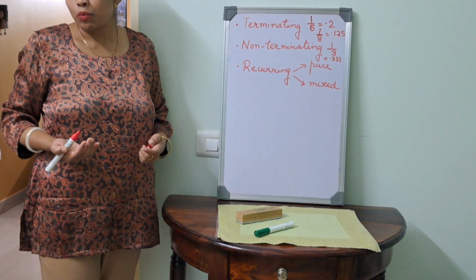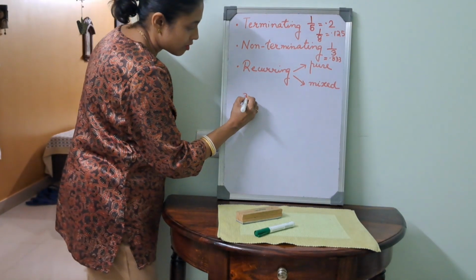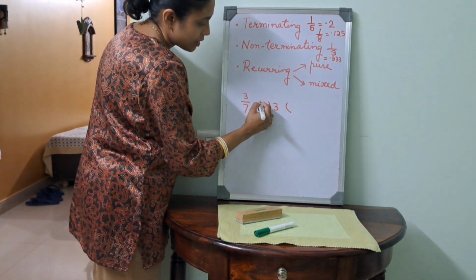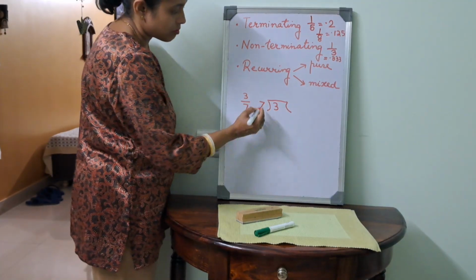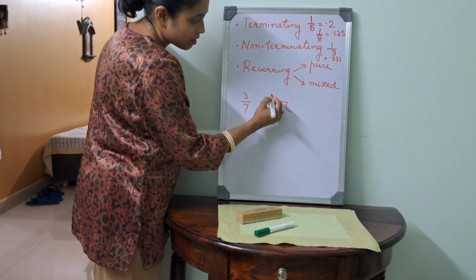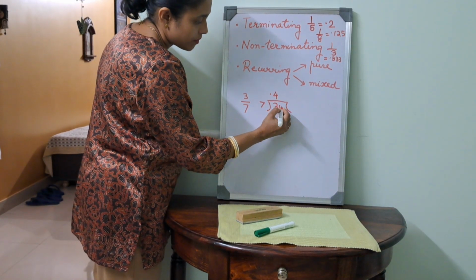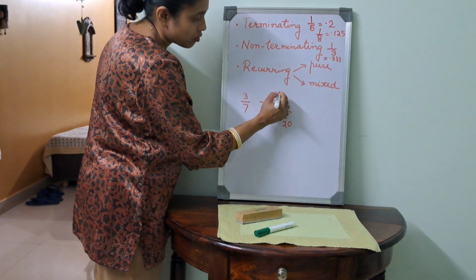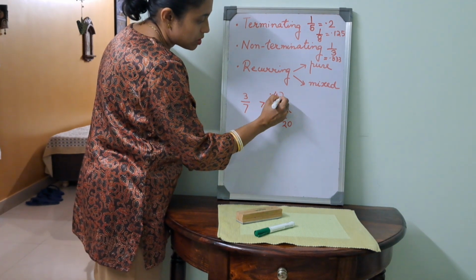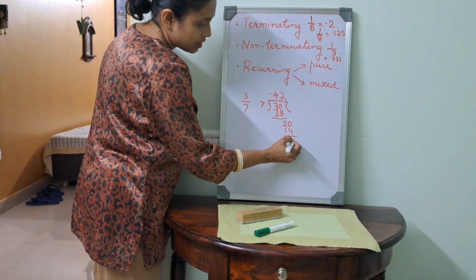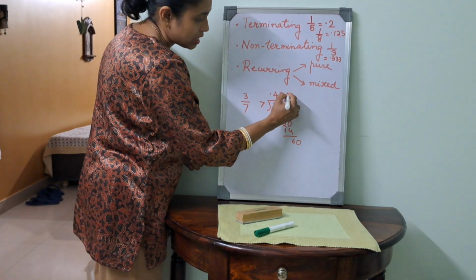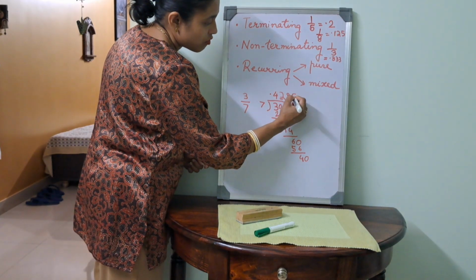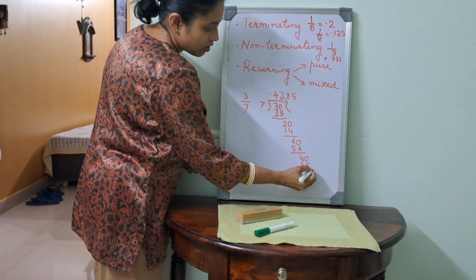If for example, we take the number 3 by 7, let us try to convert it into a decimal. 7 doesn't go into 3, so put the decimal point. 4 times it goes in 30, 28. 2 and 0, it goes 2 times, 14. 6 and 0, it goes 8 times, 56. 4 and 0, it goes 5 times, 35.